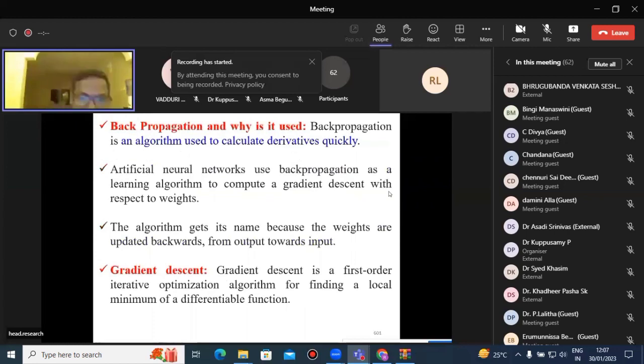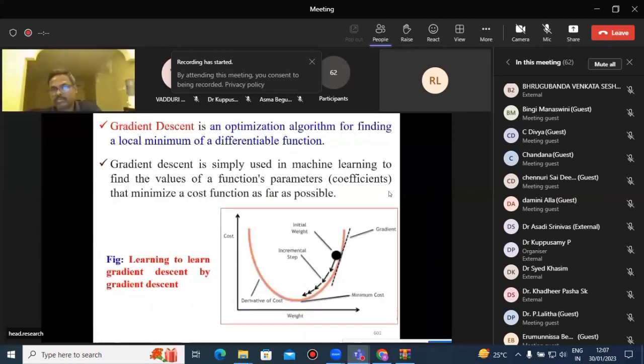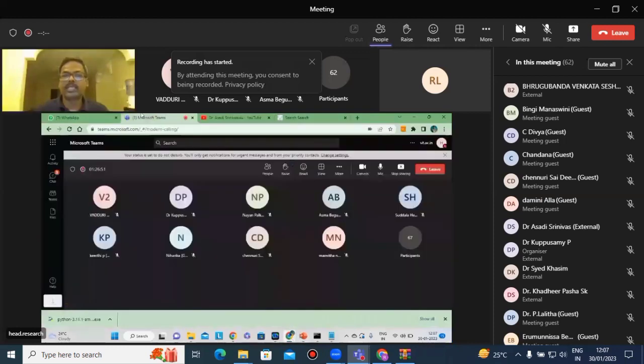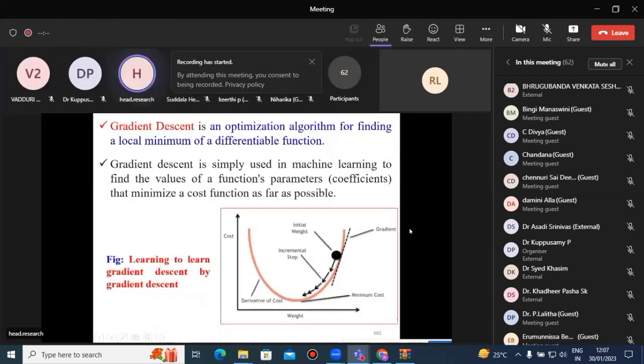Gradient descent is a first-order iterative optimization algorithm for finding a local minimum of a differentiable function. You can simply call it a way to find the function's parameters, that is, coefficients, that minimize a cost function as far as possible.